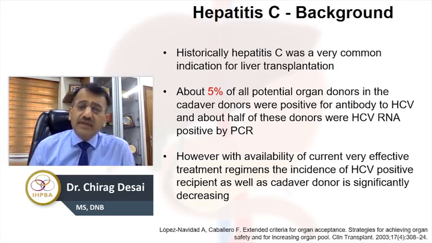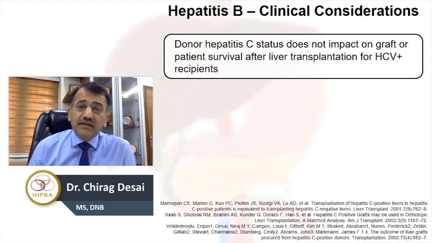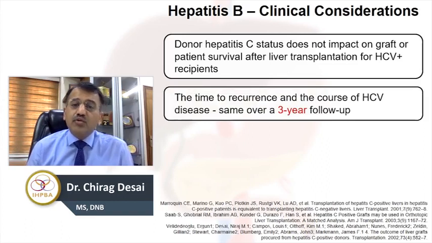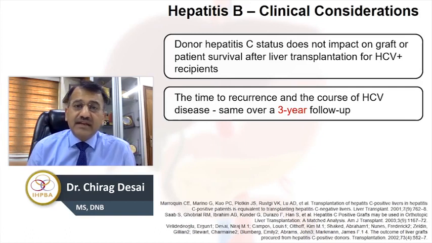However, whenever the donor has hepatitis C, it should be used in a hepatitis C positive recipient. The time to recurrence of HCV after transplant is more or less the same for those who received hepatitis C positive donors compared to those who had hepatitis C negative donors.